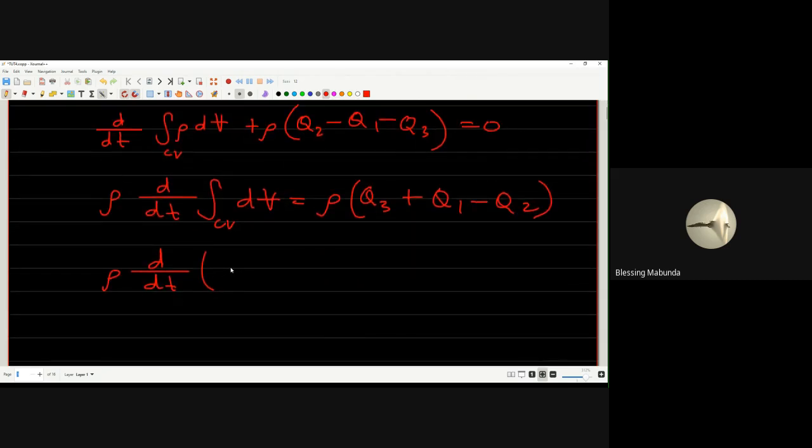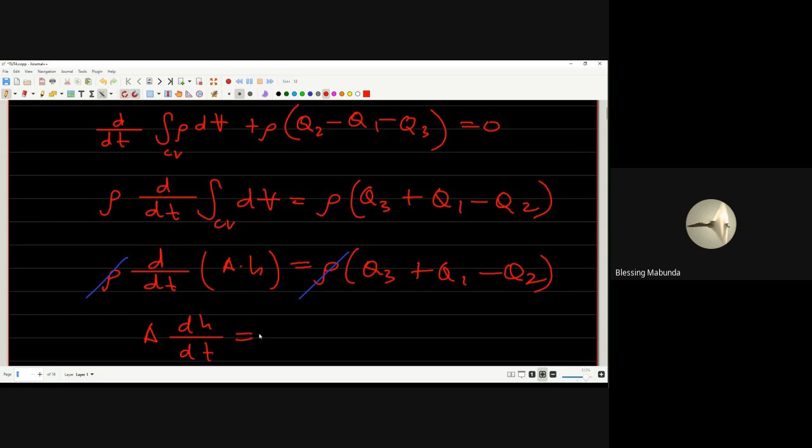So what we're going to be looking at here is area multiplied by h, which is rho times Q3 plus Q1 minus Q2. The densities cancel each other out. When you apply the product rule to this, you end up with A multiplied by dH/dt is equal to Q1 plus Q3 minus Q2.